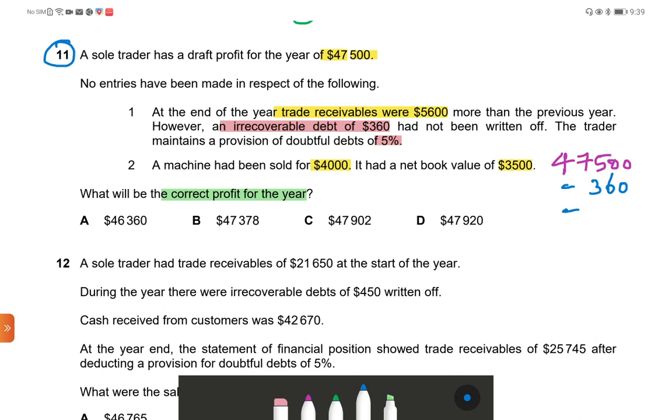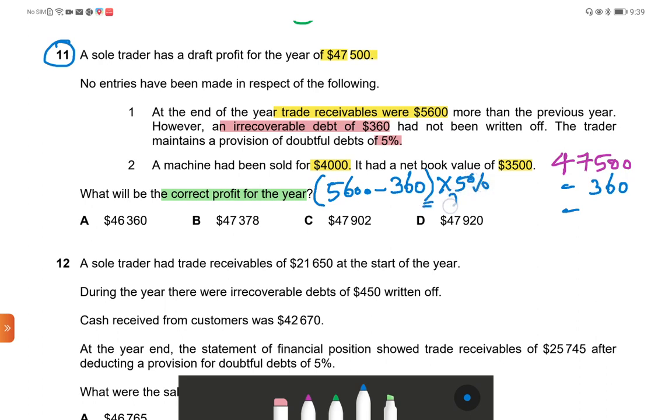We have to deduct. So the provision for doubtful debts: 5,600 minus bad debt. Always you calculate provision after deducting the bad debt. So 5,600 minus 360, multiply 5%. What is the amount?